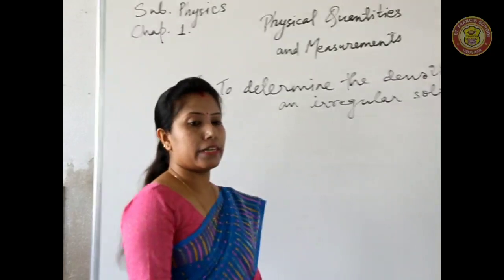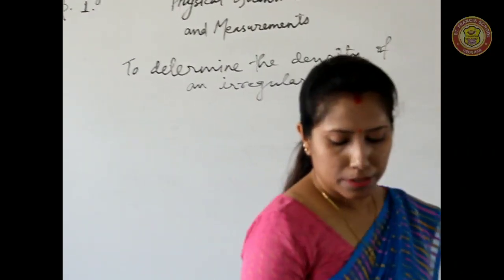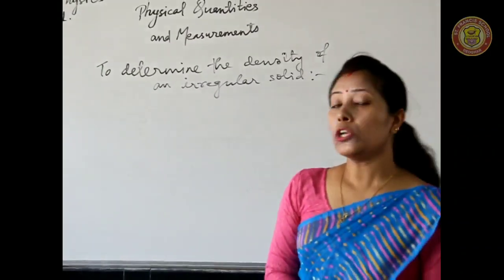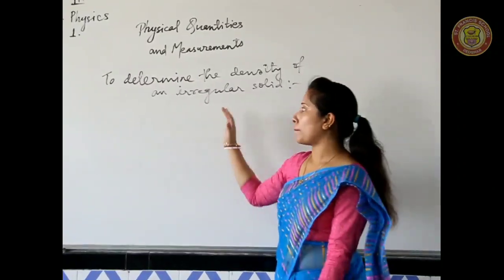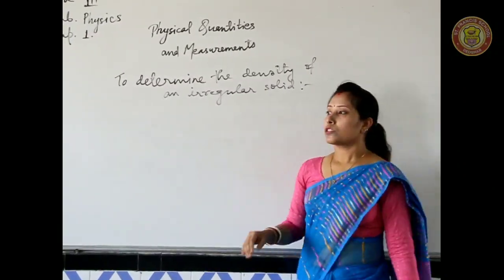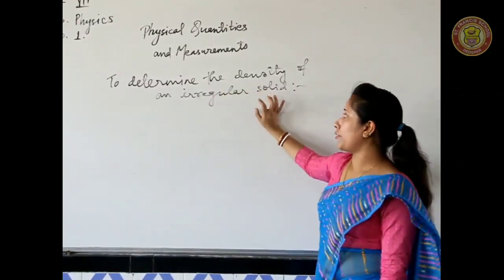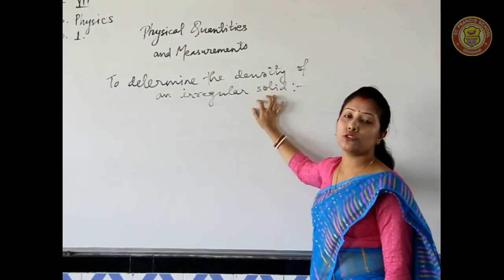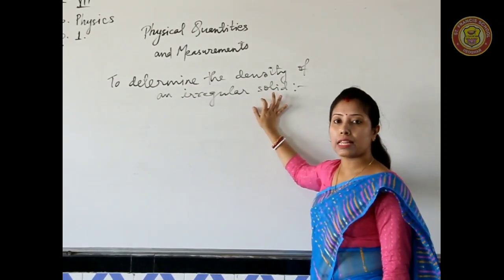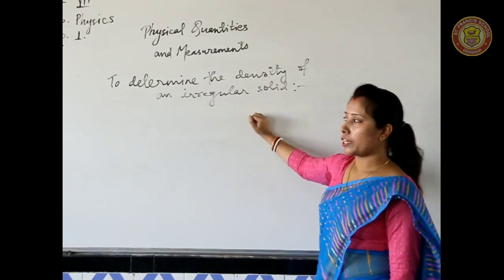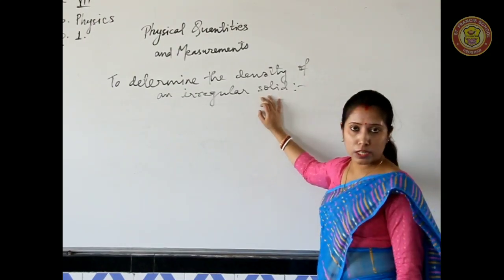Next is to determine the density of an irregular solid. We all know that density equals mass by volume. So in order to determine the density of an irregular solid, we need to know the mass of the solid and the volume of the solid. Here we have an irregular solid.